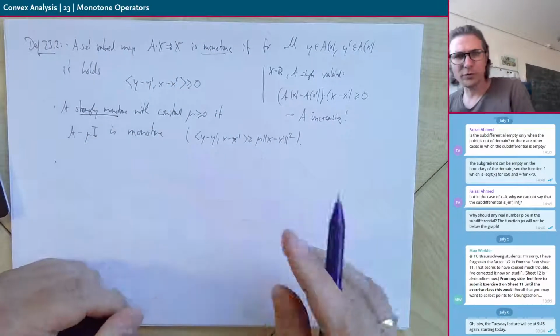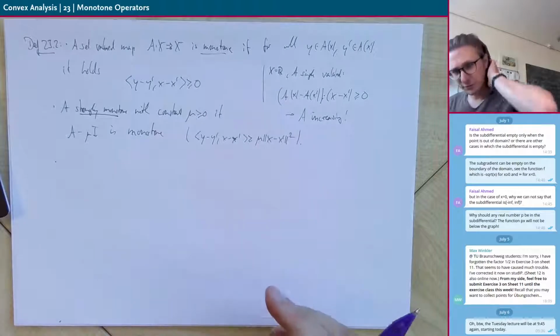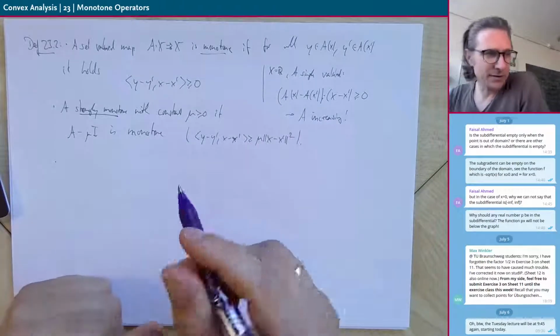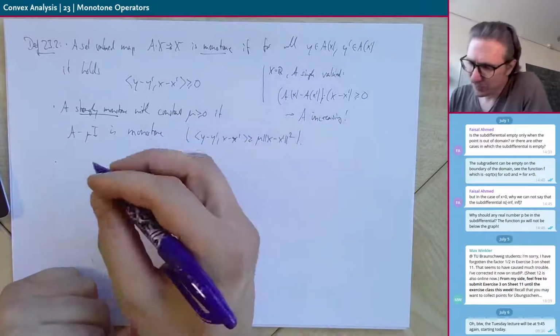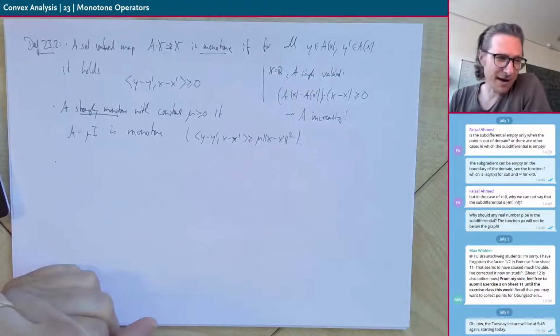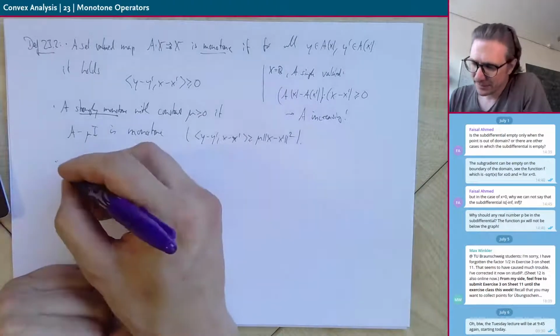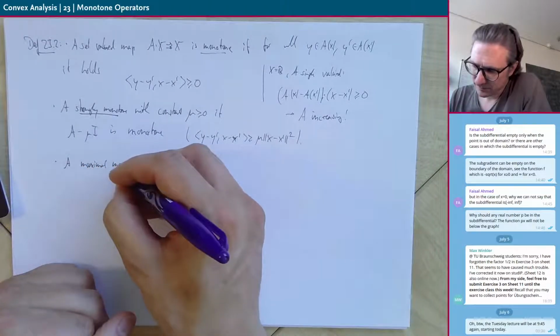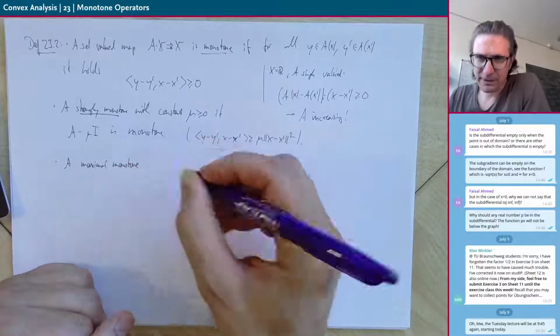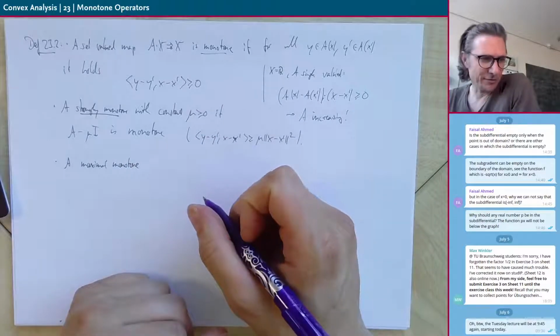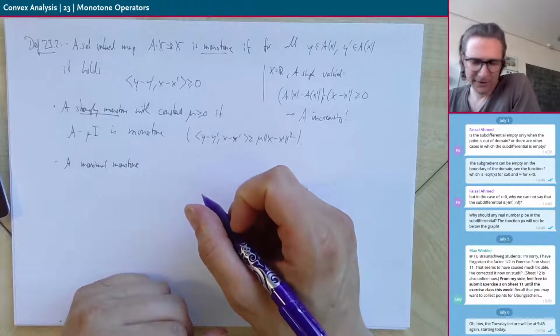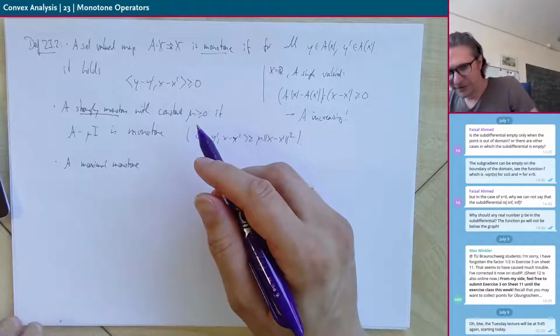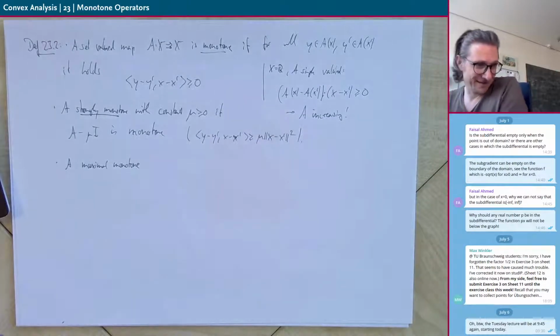But now there's one more important notion. Monotone and strongly monotone are important, but another important notion is the so-called maximal monotonicity. So A is called maximal monotone, and I can't make up my mind if I call it maximal monotone or maximally monotone. Sometimes one sounds better than the other, but then the other day the opposite way.